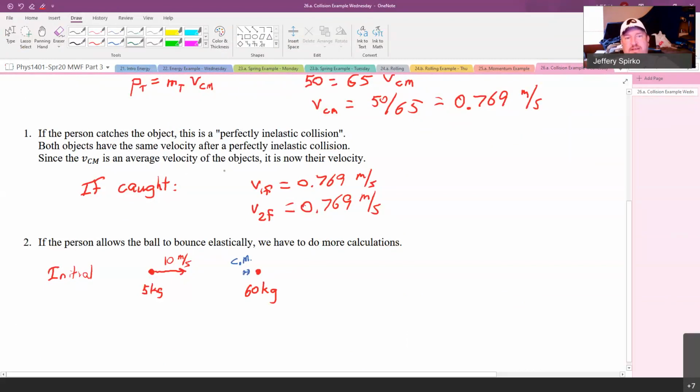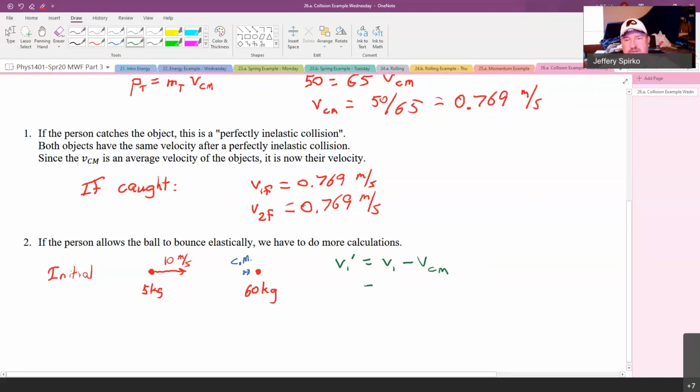So here's what we calculate. V1 prime is V1 minus V center of mass. A relative velocity is calculated as a subtraction of two velocities.